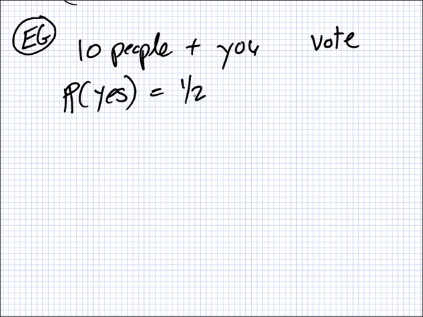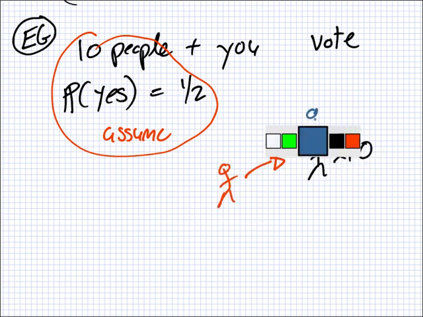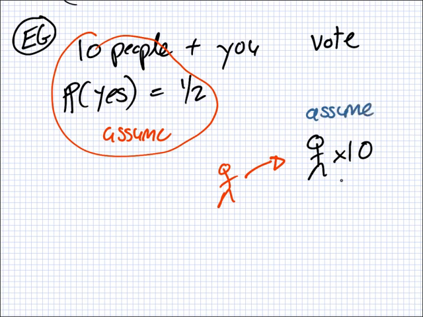Including yourself? Not including you. So what you're doing here is assuming that if the 10 other people are voting, each person has a 50-50 chance of voting yes or no. So there's 10 people and you're the 11th person entering this group, and you assume the probability of a person voting yes is 1 over 2.